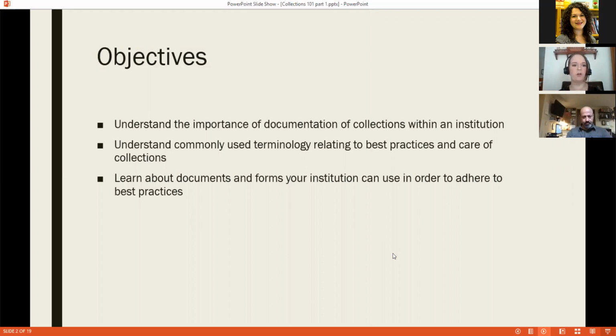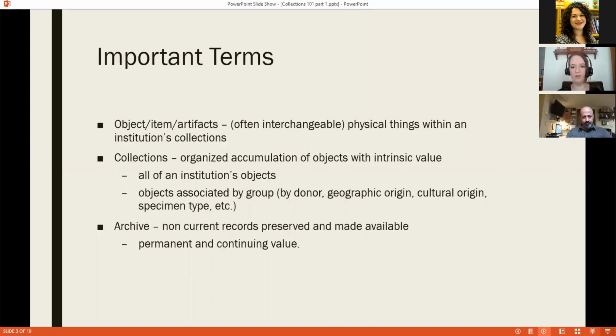So we'll start with some important terms. A lot of these I'll probably be using just sort of off the cuff, and I want to make sure that you know what I'm saying. Objects, items, artifacts, these are physical things in the institution's collections. It could be anything from a paperclip to a giant sculpture made by a famous artist.